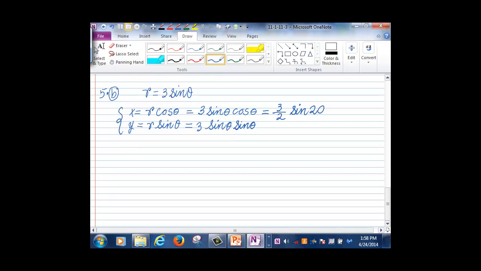Why is that? Because I am using the formula that sine of 2 theta is 2 sine theta cosine theta. And how about the y value? I'm just going to write it as 3 times sine squared of theta.